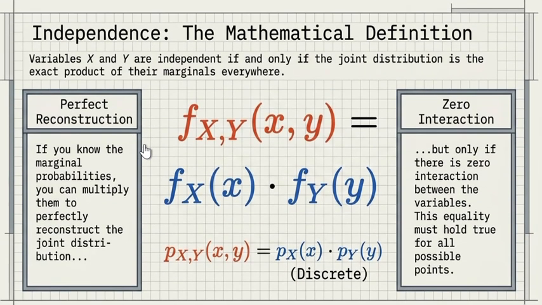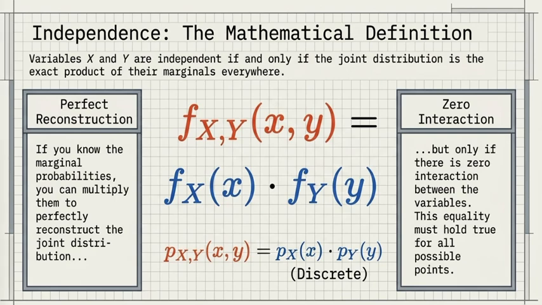Going further down, we have independence in terms of joint distribution. X and Y are independent if and only if the probability of (x, y) is equal to the probability of x times the probability of y. This is for discrete, and for continuous we just use functions. So the joint distribution is equal to the product of the marginals.